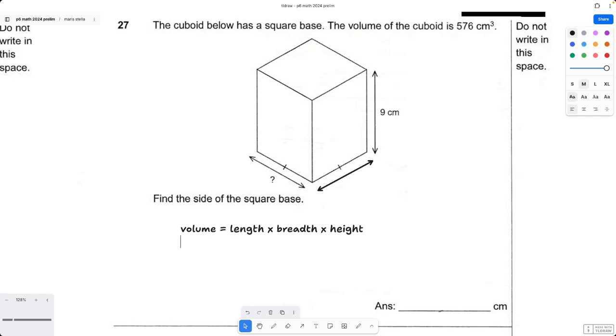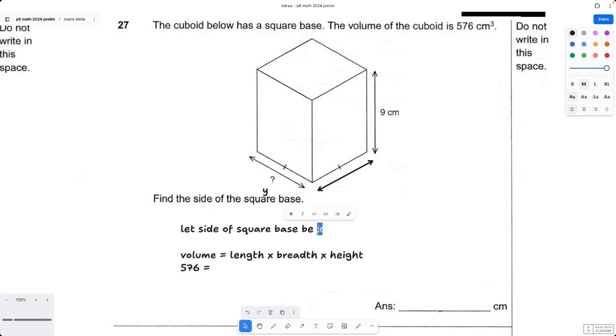So with a square base, let the side of the square base be y. 576 is equal to y times y times height, which is 9.